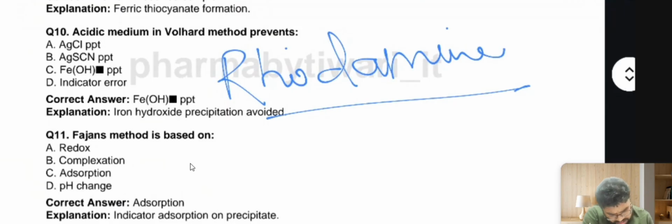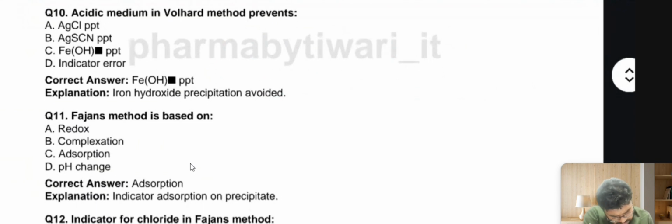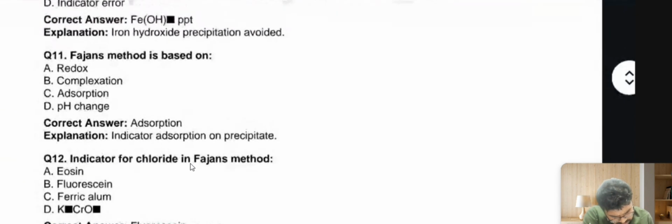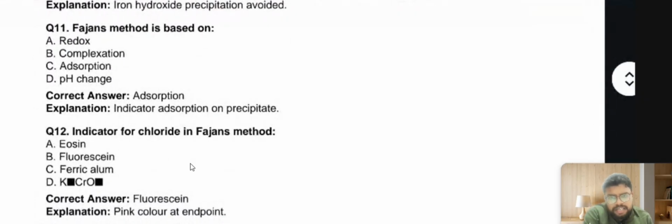Okay, let's see the next question. Indicator for chloride in Fajans method. Option A eosin, fluorescein, ferric alum, K2CrO4.